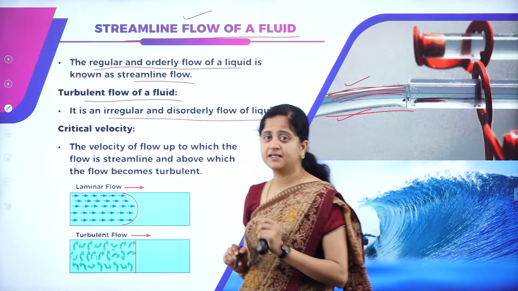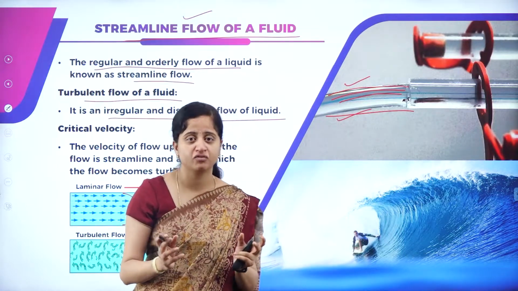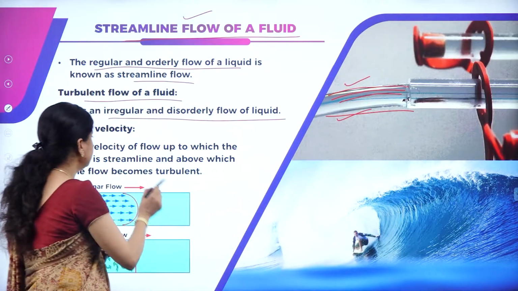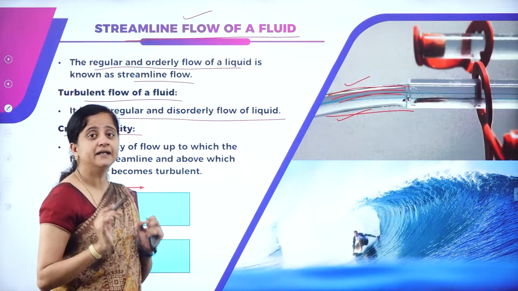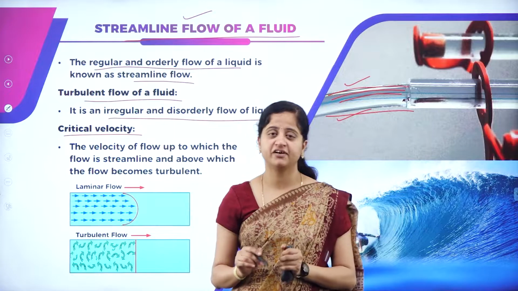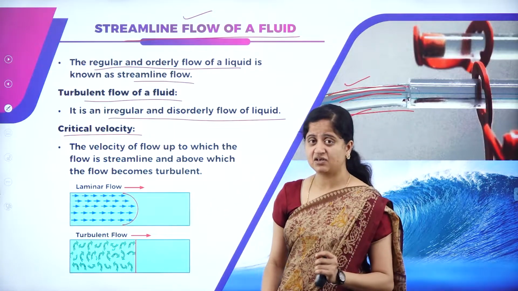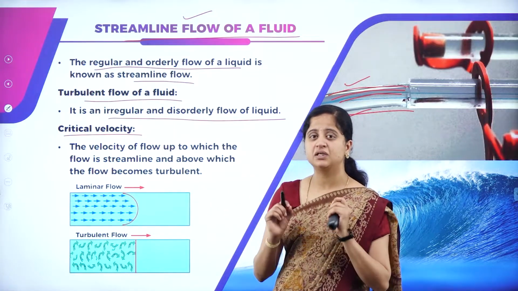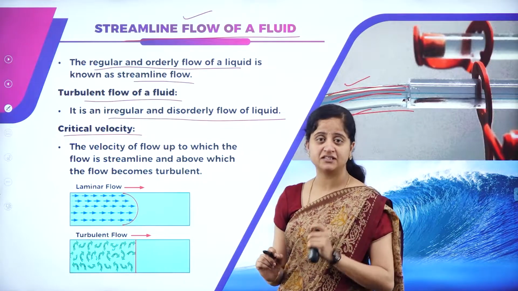In understanding this nature of flow of fluid, we must understand one more important term, that is critical velocity. What is critical velocity? How to define critical velocity? Critical velocity can be defined once we know the meaning of streamline flow and turbulent flow.